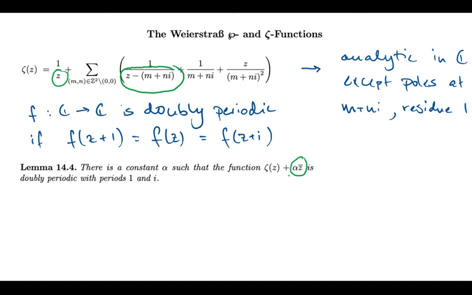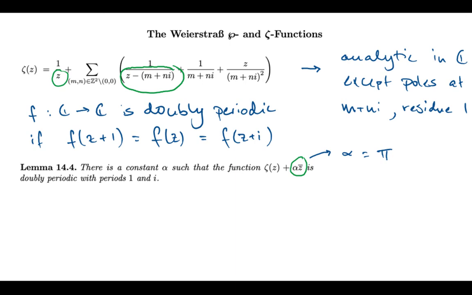But for now, it's also helpful in the sense that this new function, you can prove, is doubly periodic. One can prove, and all of these details are in chapter 14, that this alpha here is the number pi.